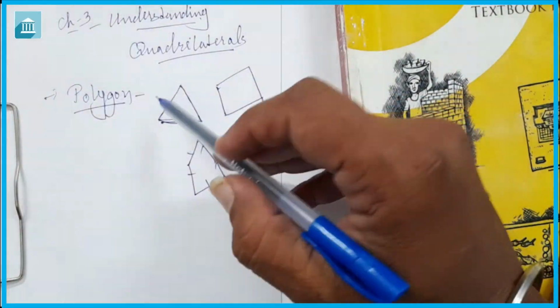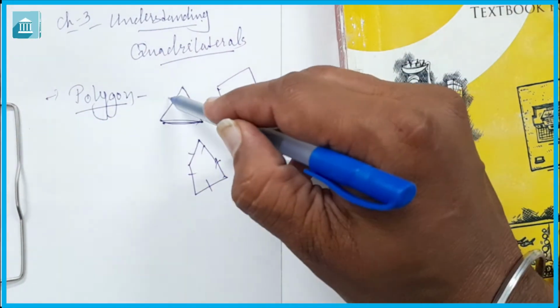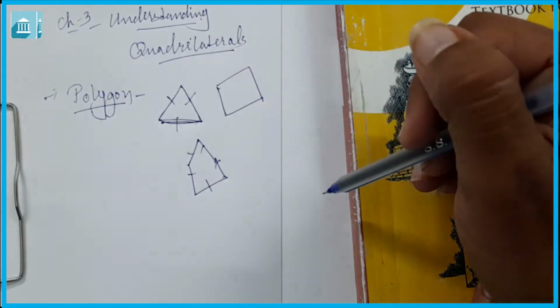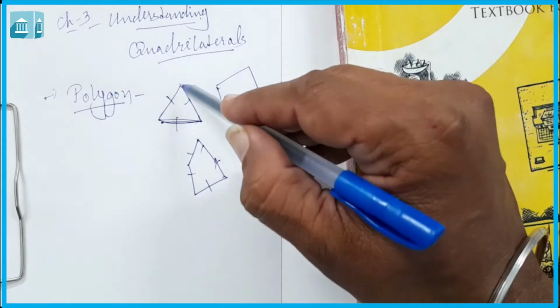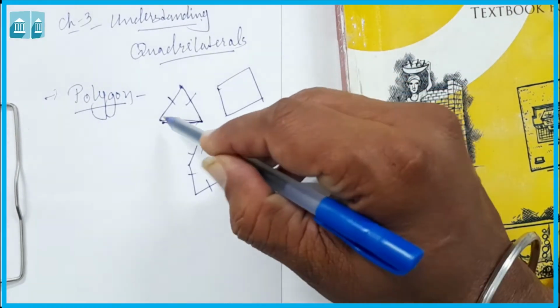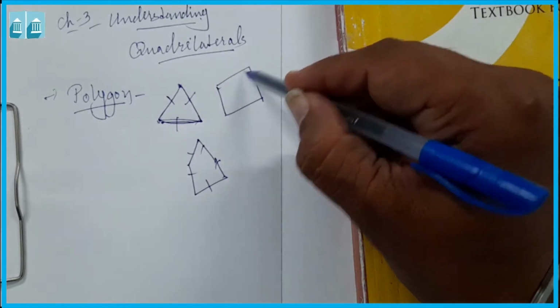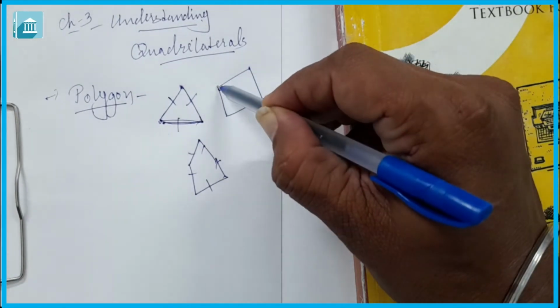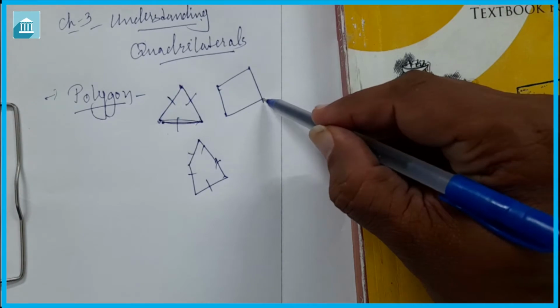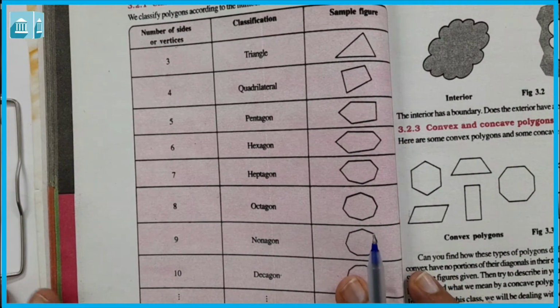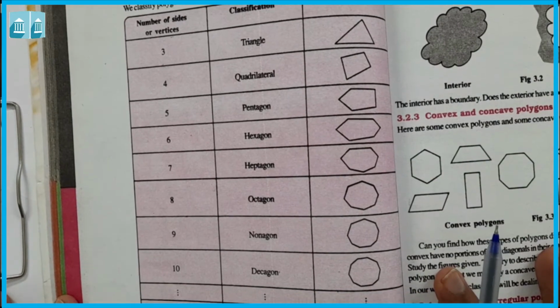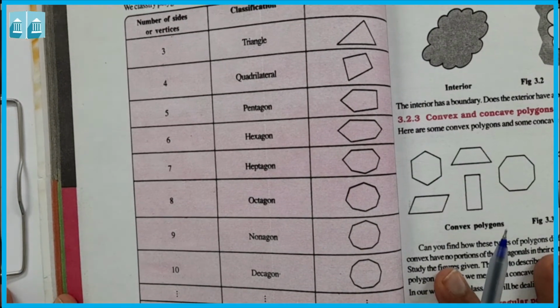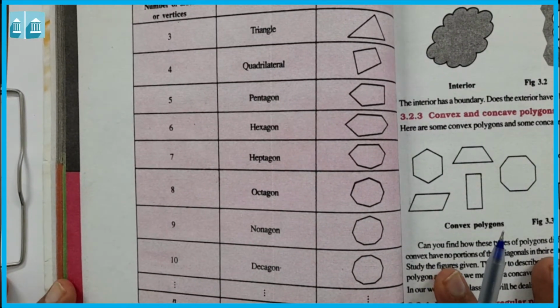When we did the polygon, we learned that these are all the sides of the polygon and these are all the vertices of the polygon. So the number of sides is 3, the number of vertices is 3. A polygon has the same number of sides and vertices. If a polygon has 3 sides, it has 3 vertices. If it has 5 sides, then it has 5 vertices.